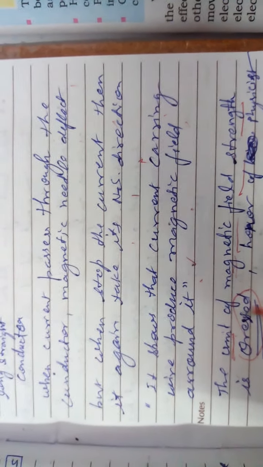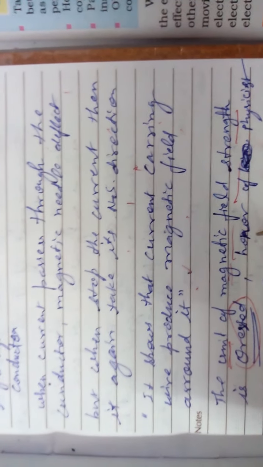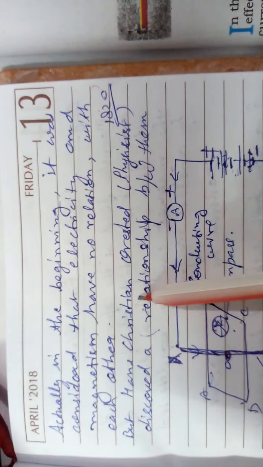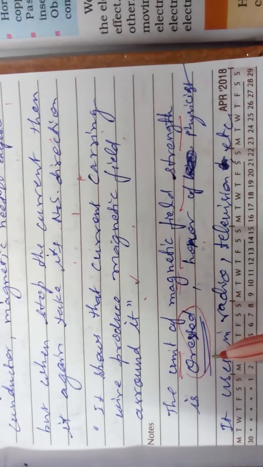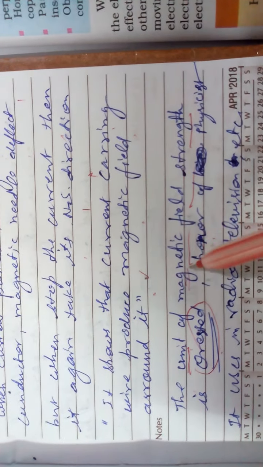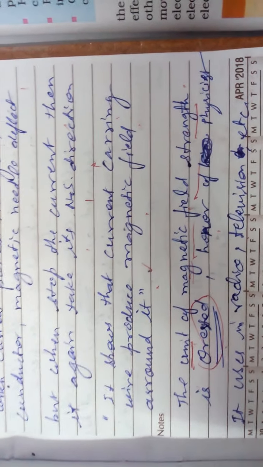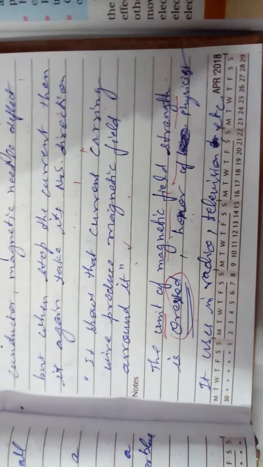Oersted is the unit in honor of the physicist Hans Christian Oersted. For the honor of his name, one part of the name is used as a unit of the strength of magnetic field. It is used in radio sets, televisions, many other appliances, speakers, all places.